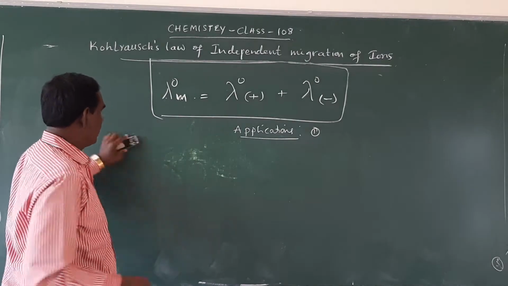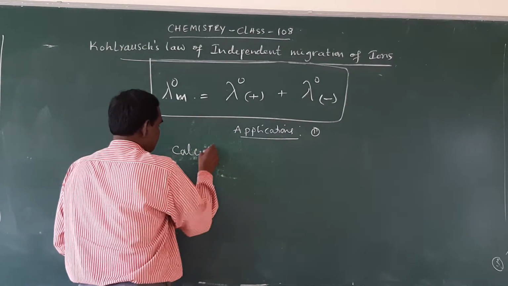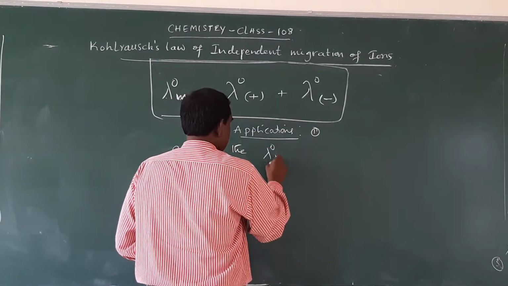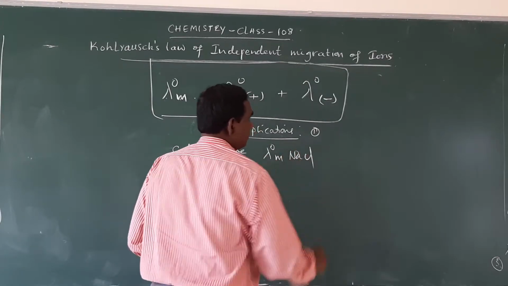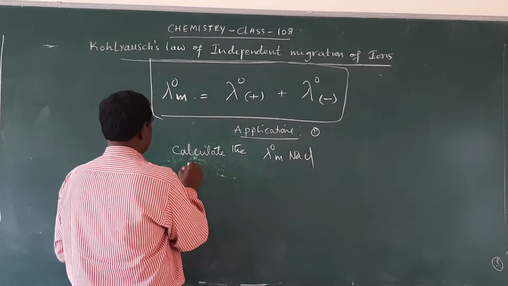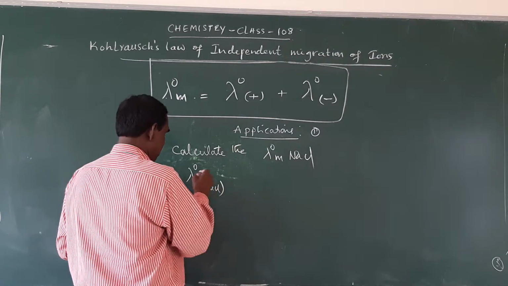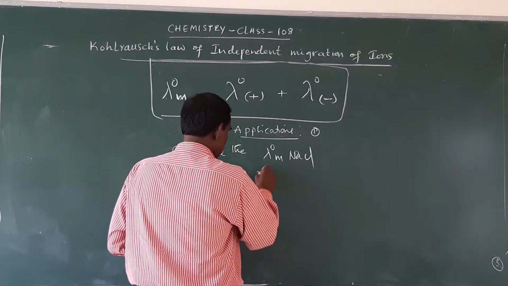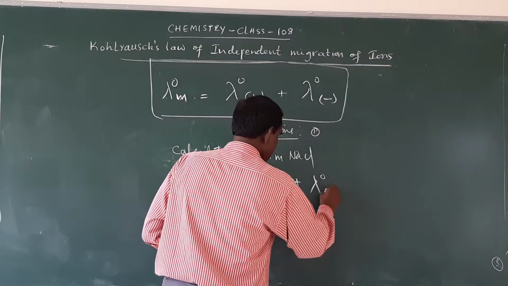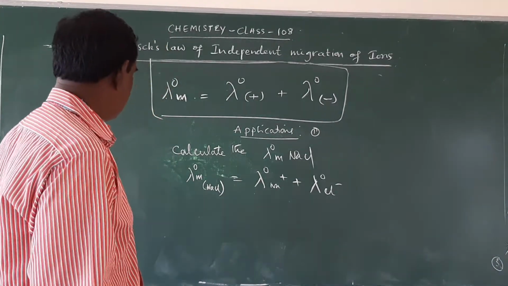Let me take lambda naught m of NaCl. For this, we know that lambda naught m of NaCl is equal to lambda naught of Na plus plus lambda naught of Cl minus. If you know the values of Na plus and Cl minus, we can directly calculate the lambda naught of NaCl.